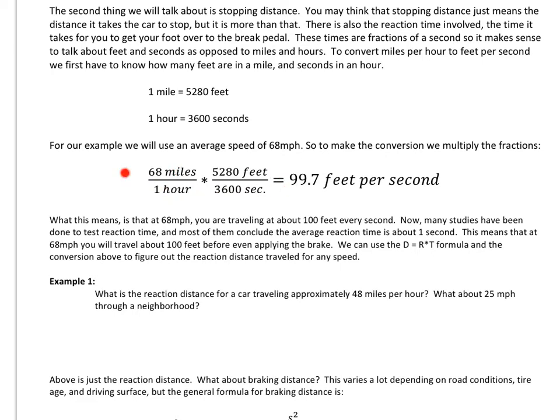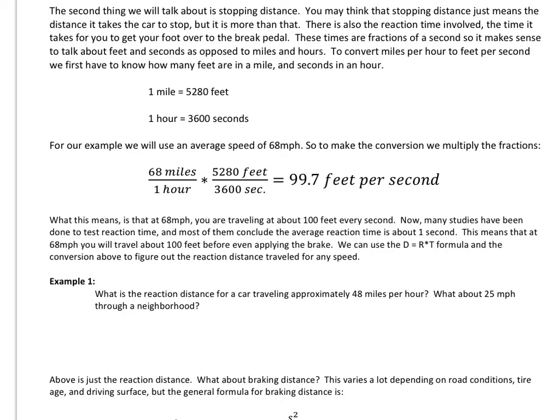And when you multiply 68 miles times 5,280 and 1 hour times 3,600 seconds and divide them, you end up with a ratio of 99.7 feet per second. Now that's driving 68 miles per hour.